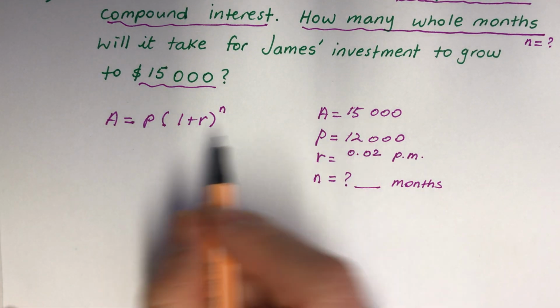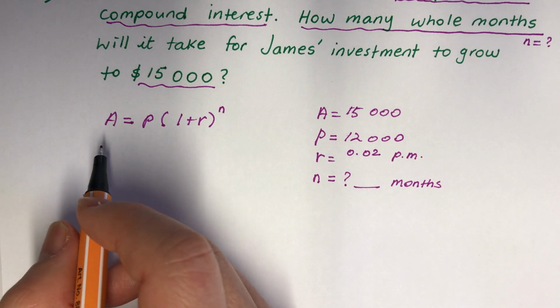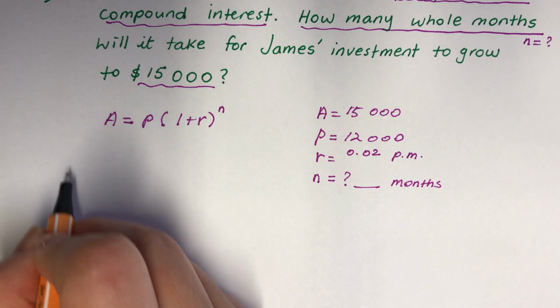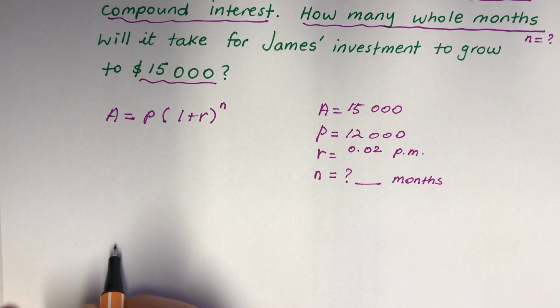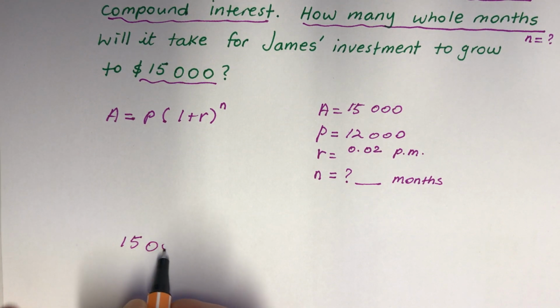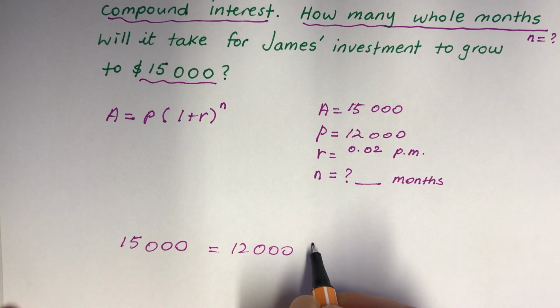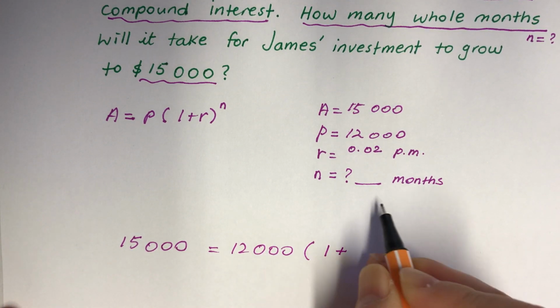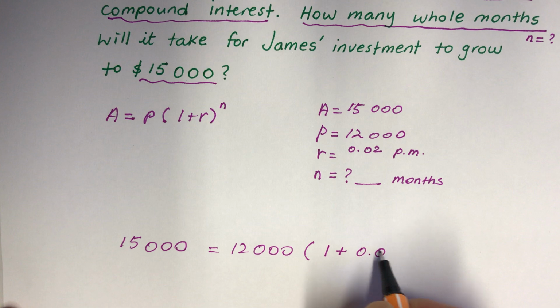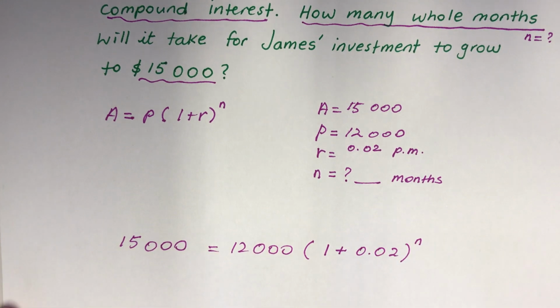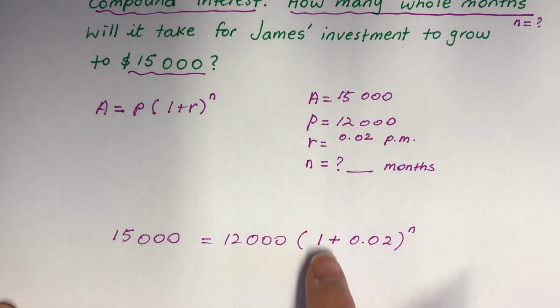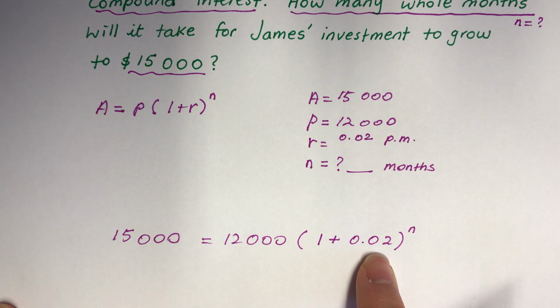So let's put all that in, substitute into the right places here. So I'm going to go 15,000 equals 12,000 times (1 plus r was 0.02) to the power of n. Now, when you look at this one, next time you go straight into 1 point something, okay?